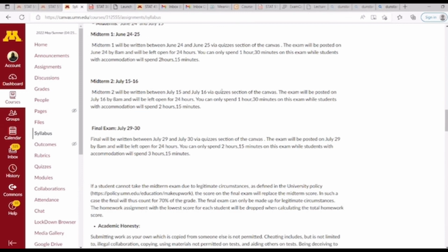But I later said the exam will be posted on July 16 by 8 a.m. and will be left open for 24 hours. So this has been in the syllabus. Also watch out for the final exam. Here I said it will be posted on July 29 by 8 a.m. So please take note of that. I'm using the syllabus and I'm not going to deviate from the syllabus.